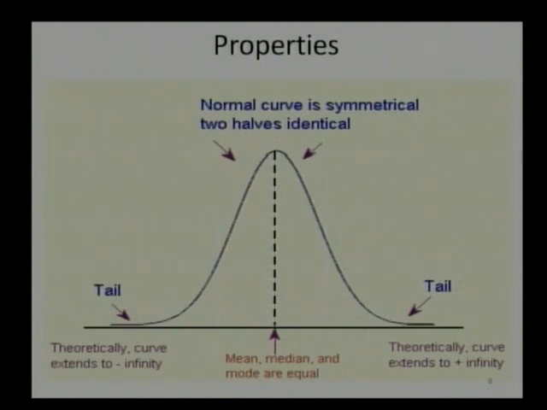The normal curve is symmetrical with two identical halves. You can see the tail parts do not touch the x-axis but are asymptotic, and theoretically the curve extends from minus infinity to plus infinity.